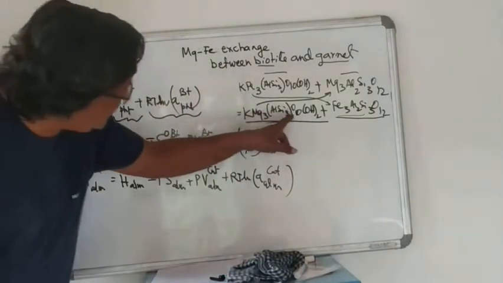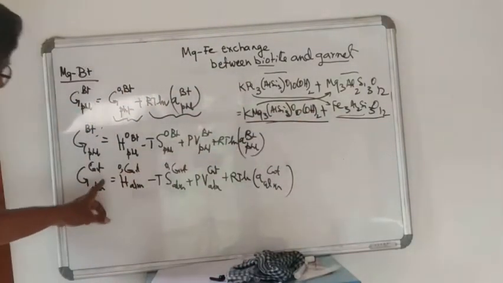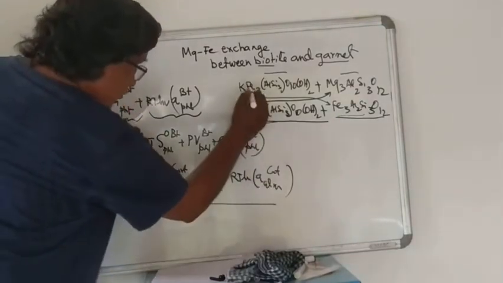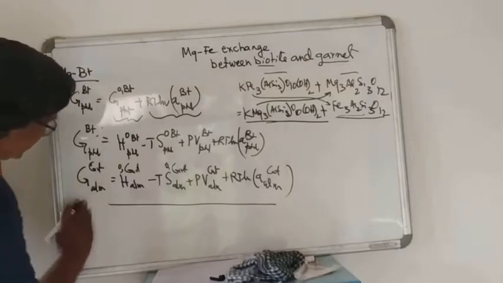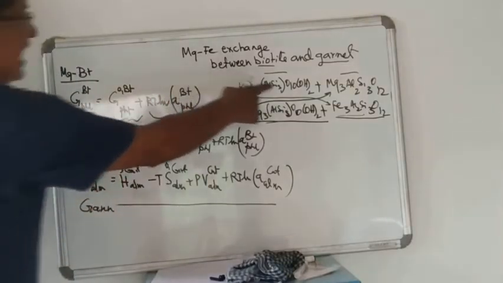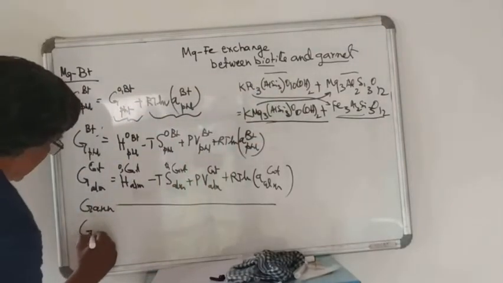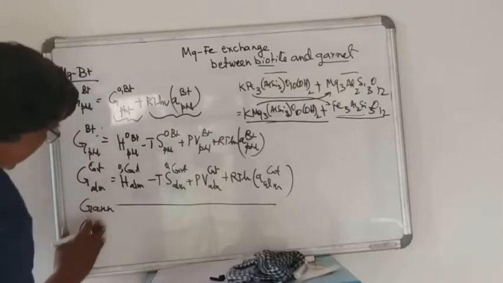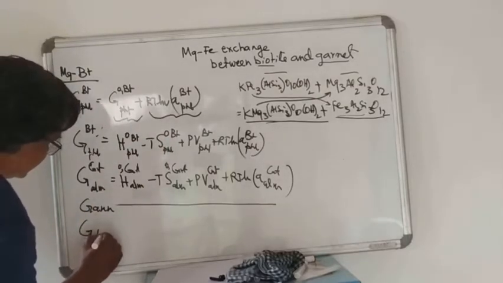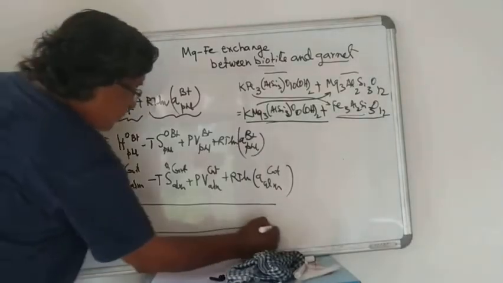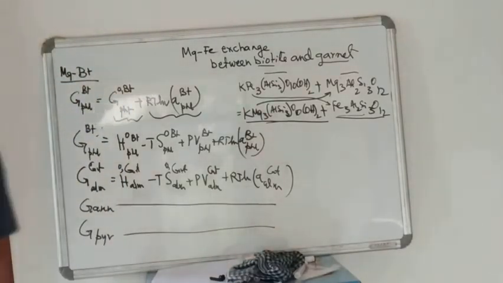So for each phase of the bond there is a reaction. So there will be one more reaction for annite, and one more reaction for pyrope. So there will be 4 equations of state in all.